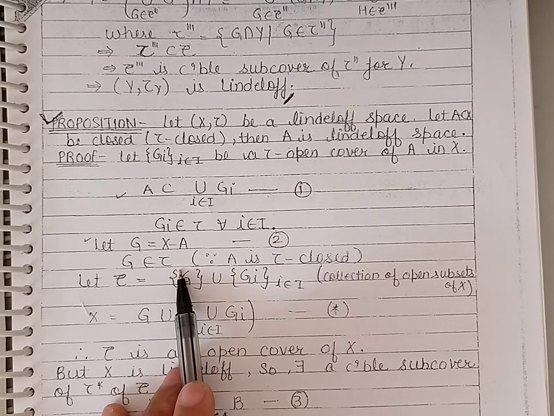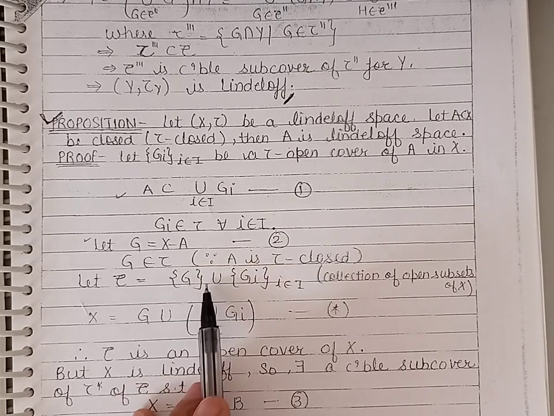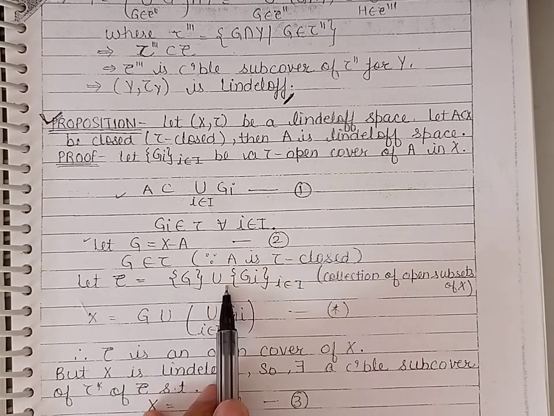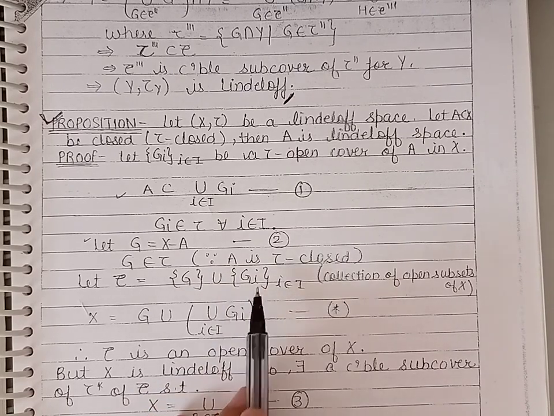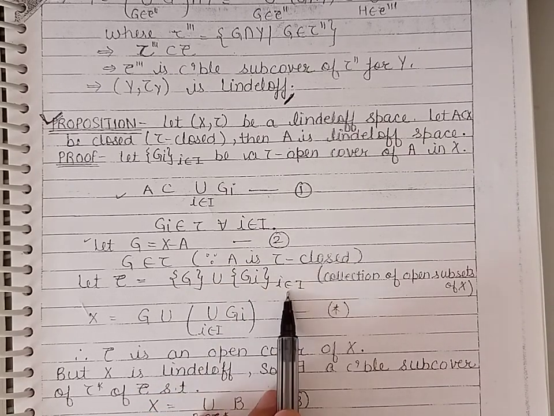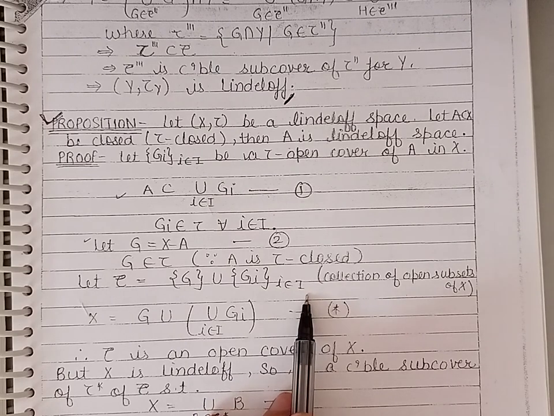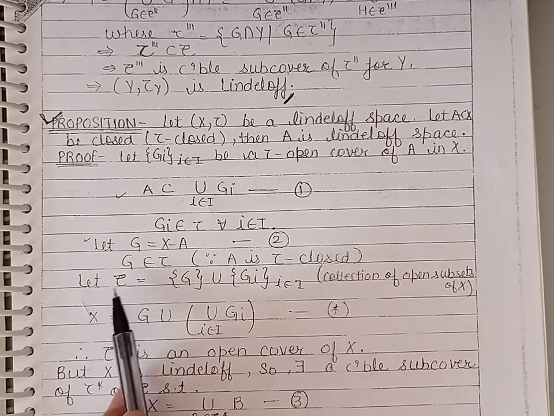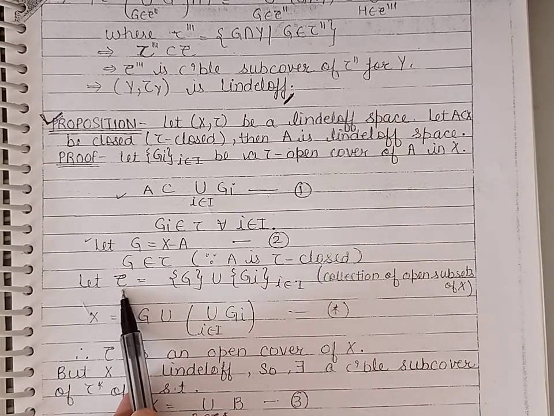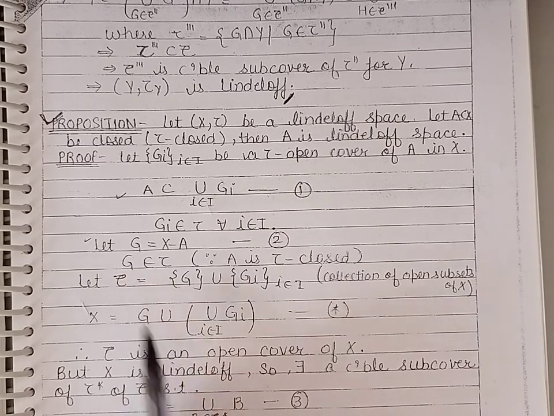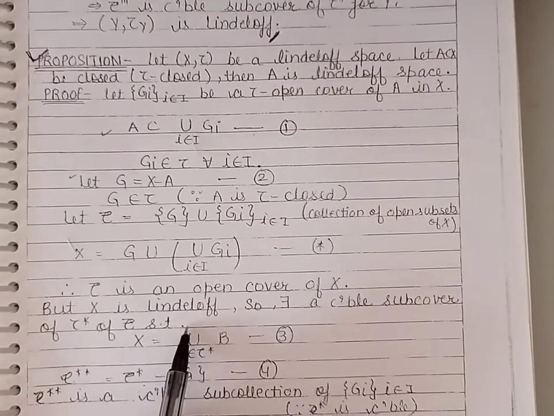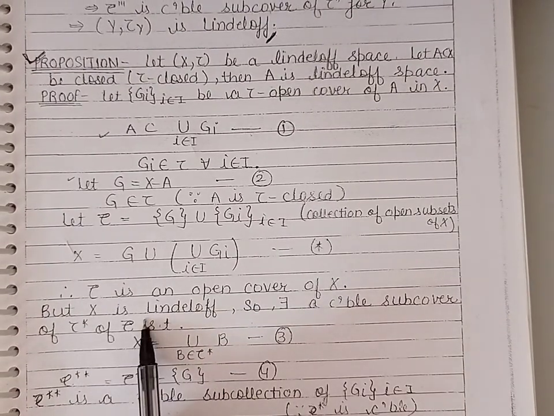Now, let us take the collection of open subsets of X, which we denote by E, the union of the member G and the collection G_i, where i belongs to the index set I. So, X can be written as the union of the members from this collection. So, we can say that this E is an open cover for X.